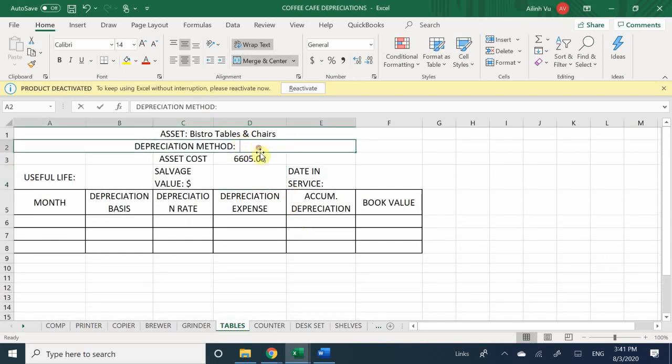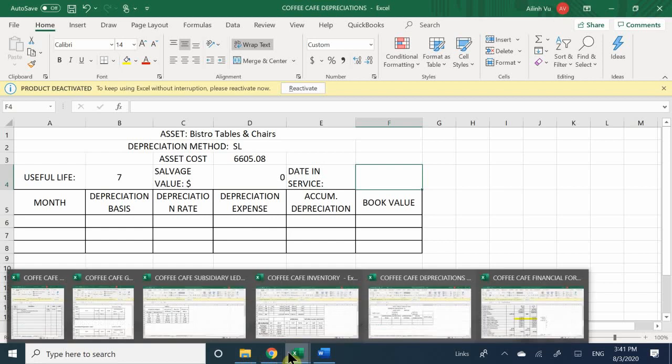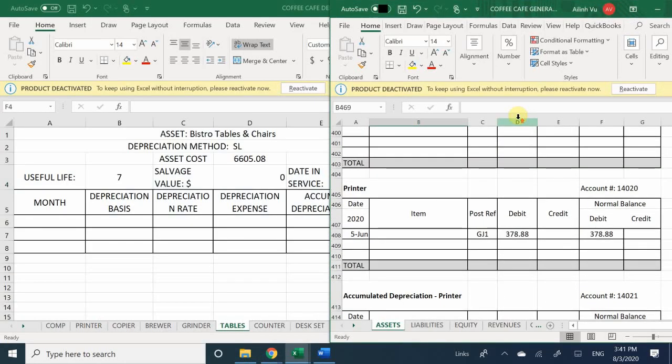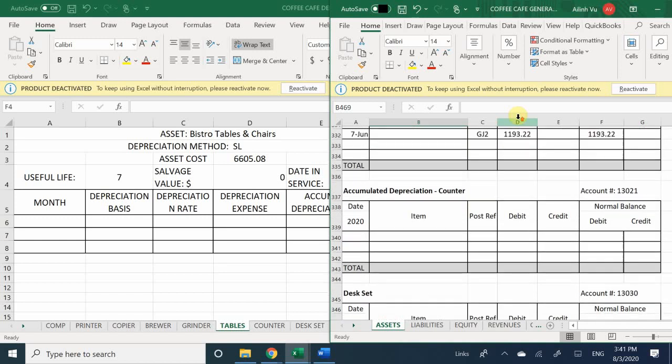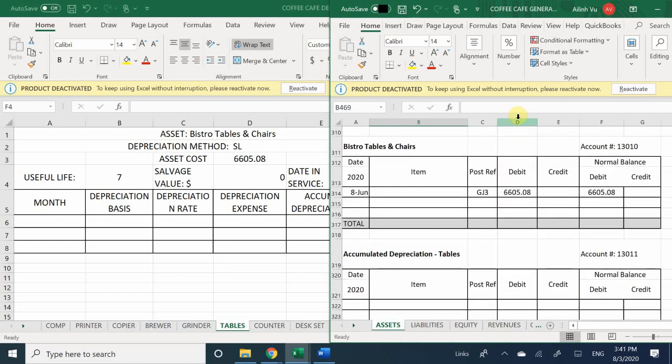So we're going to start with the first one: tables and chairs. Straight line. We know it's 7 years, no residual value. The date that we put the table in service is going to be the 8th of June.